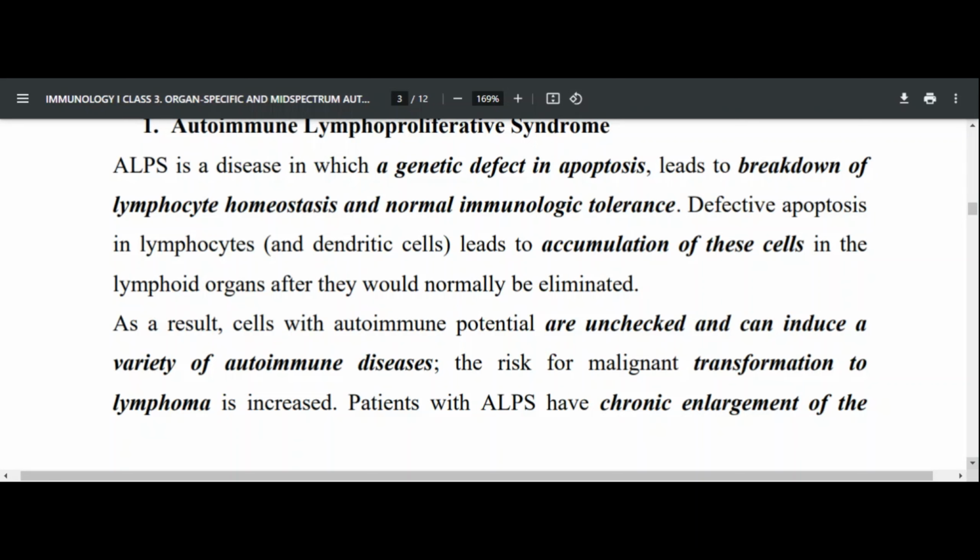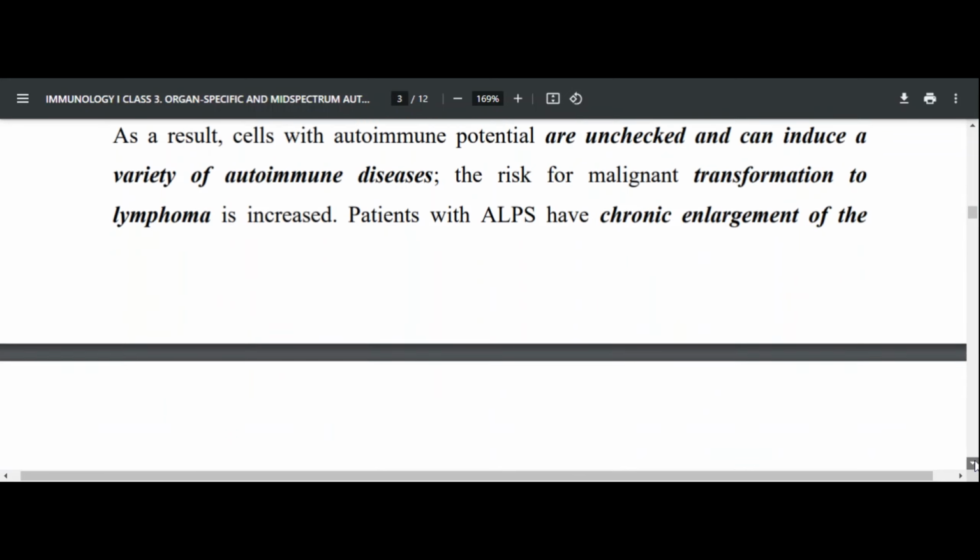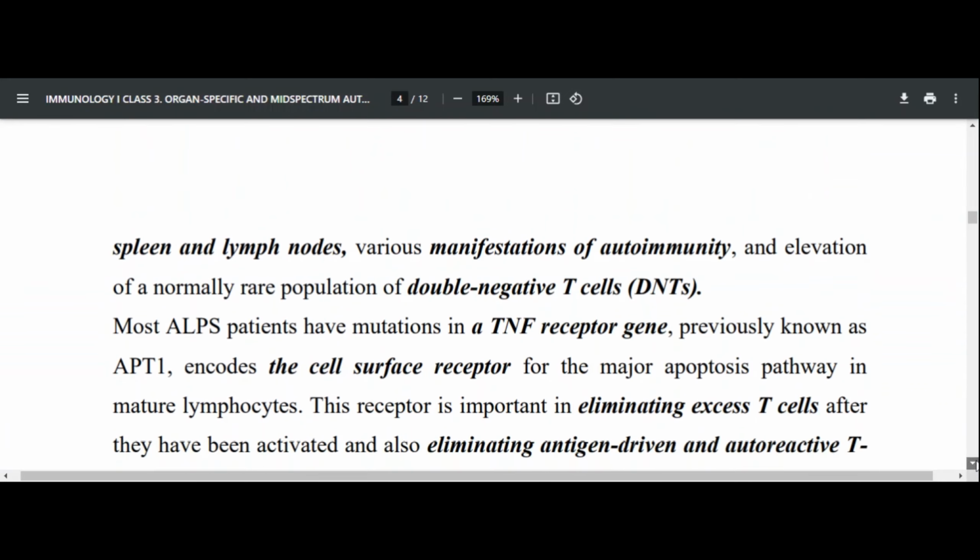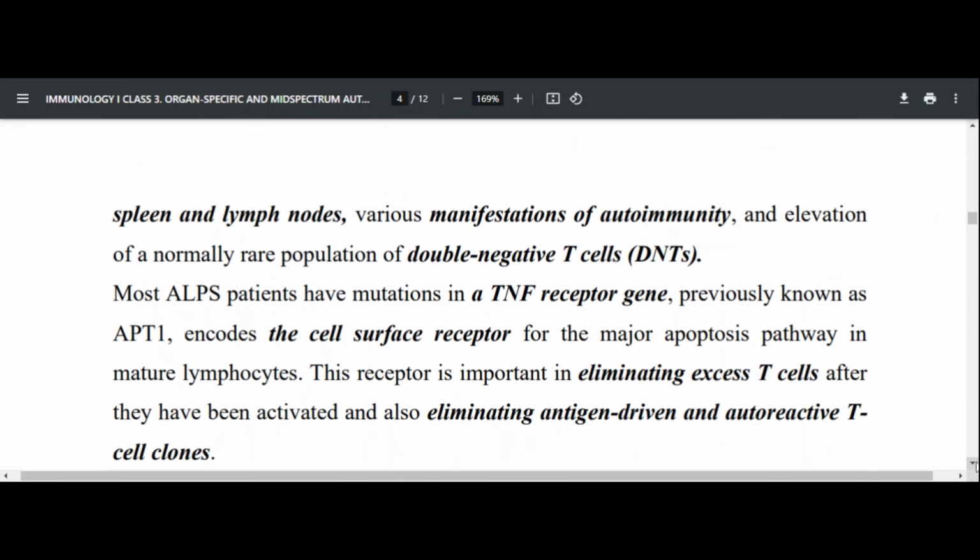The risk for malignant transformation is also very high, and patients with this autoimmune lymphoproliferative syndrome will have chronic enlargement of the spleen and lymph nodes, various manifestations of autoimmunity, and also elevation of a normally rare population of double negative T lymphocytes. So what are double negative T lymphocytes?